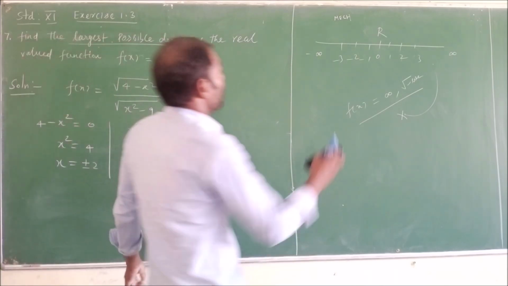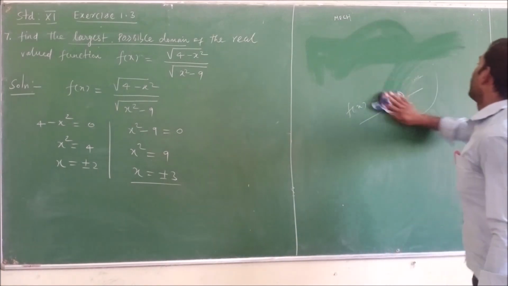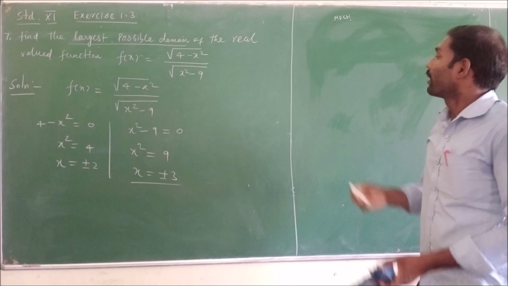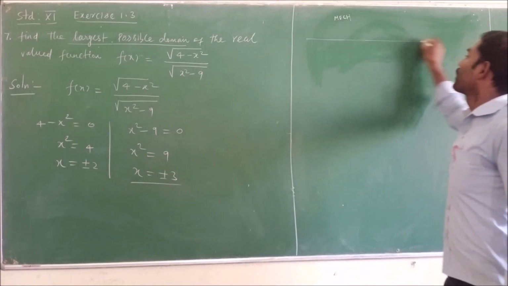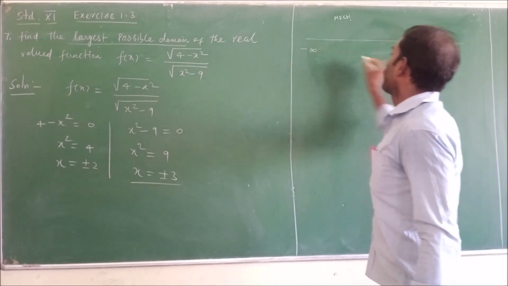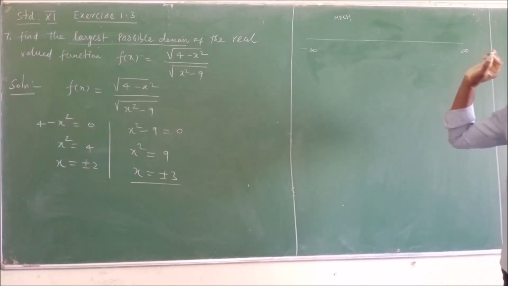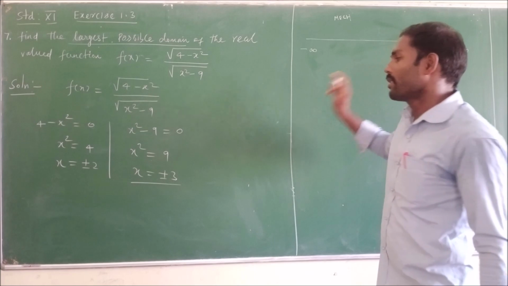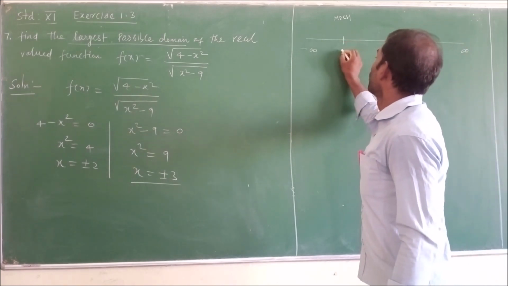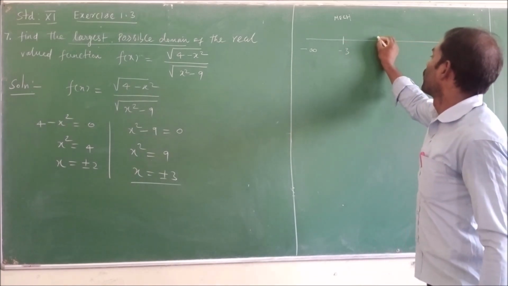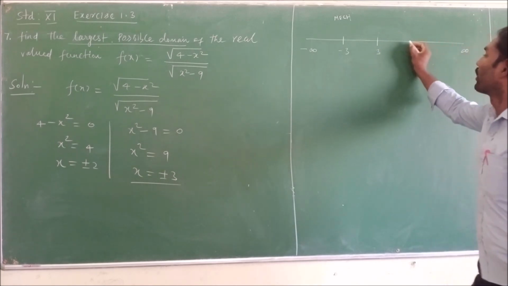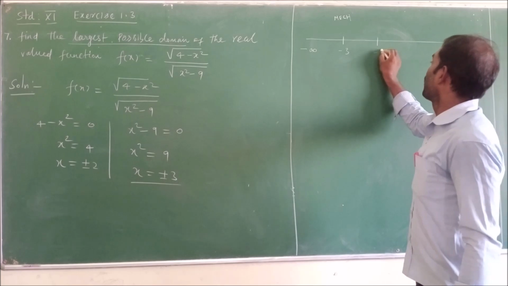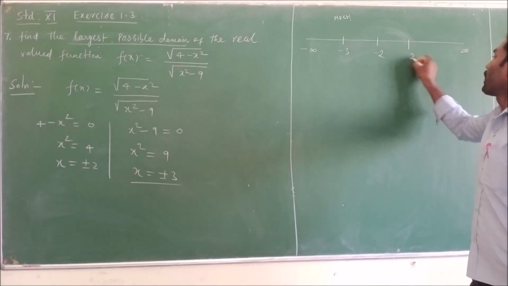So draw the values on a number line. The number line, the real numbers, runs from minus infinity to plus infinity. Mark the values plus or minus 3: this one is minus 3, this one is plus 3, and this one is minus 2, this one is plus 2.